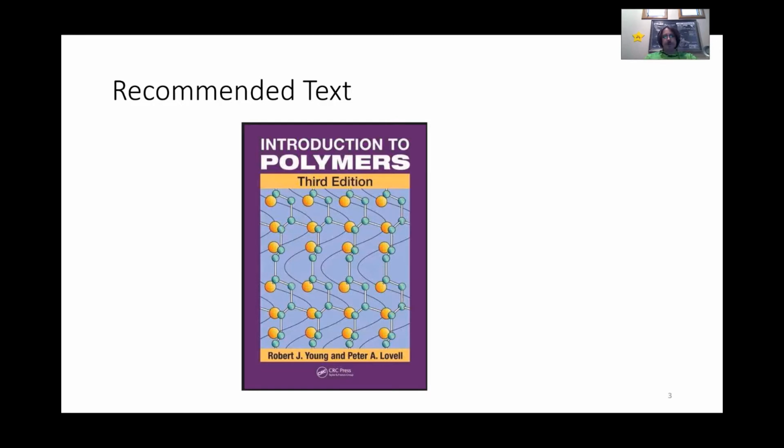It is put out by CRC Press. If you're not familiar with CRC Press, they're makers of the CRC Handbook of Chemistry and Physics. CRC is the Chemical Rubber Company, and they have a rich history in polymer processing, actually. So, recommended text, Introduction to Polymers, gotta love the purple. If you're a Minnesota Vikings fan or Los Angeles Lakers fan, you have to have this book. I'm just saying.